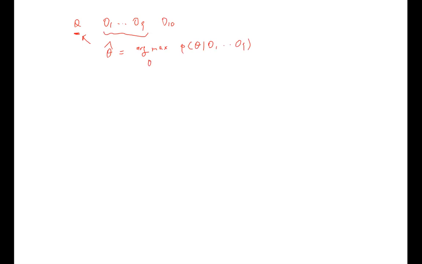This will be my optimum parameter. Then, given my optimum theta, I simply estimate the probability of the observation O10 given O1 to O9 as the probability of O10 given theta hat. This is basically ML or MAP.